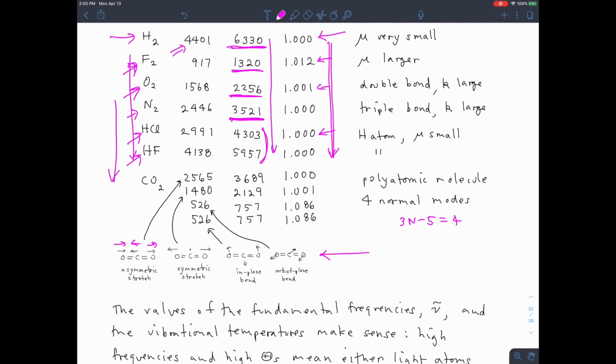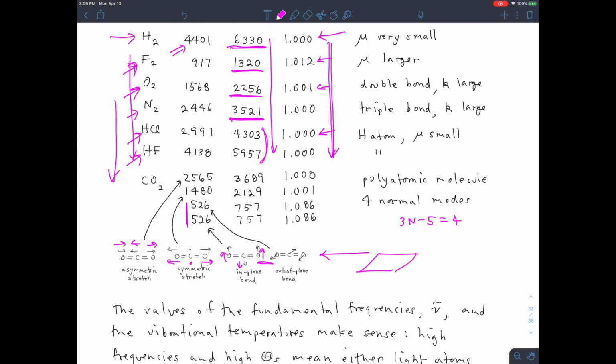There's a symmetric stretch where the oxygens move in opposite directions and the carbon basically sits still. And then there are 2 bending modes where the oxygen atoms move up, say, but the carbon atom moves down. Or else they do the same thing, but now out of the plane of the page here. So those 2 modes are identical, therefore they have identical frequencies, but there are still 4 of them.